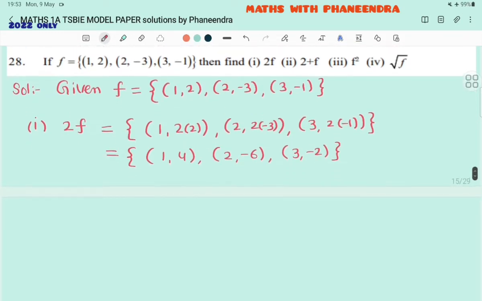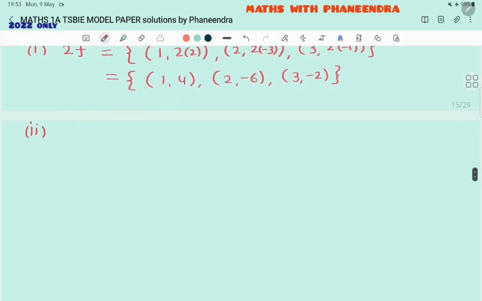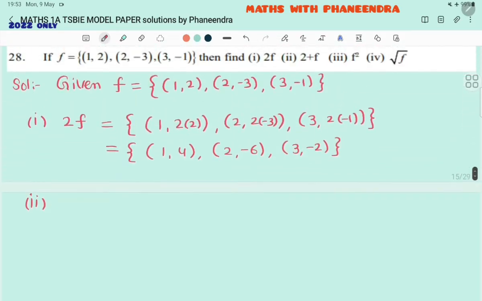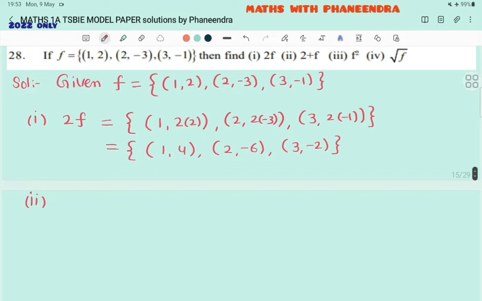The next question is 2 + f. So 2 + f meaning is, for the codomain elements you have to add 2.